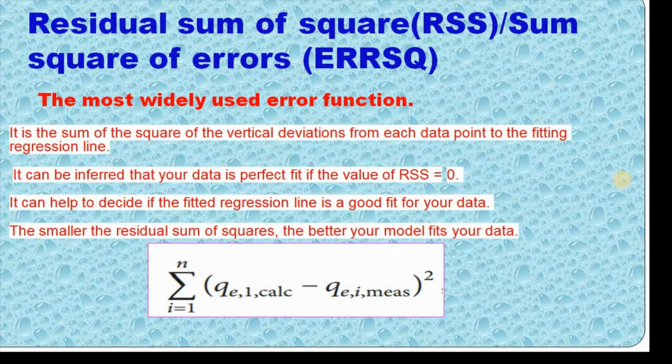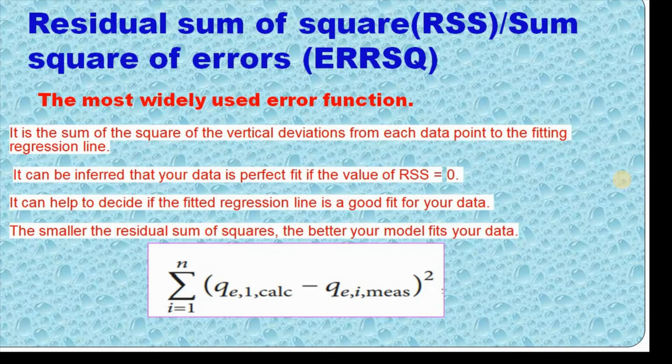Now, residual sum of square, RSS, or sum square of errors, is the most widely used error function, and it is the sum of the square of vertical deviations from each data point to the fitting regression line.